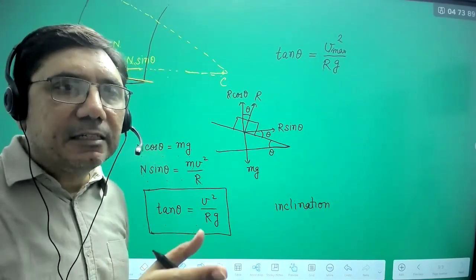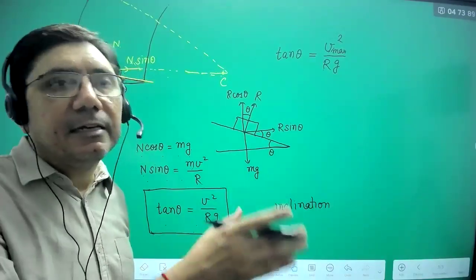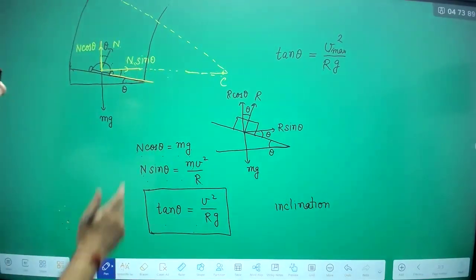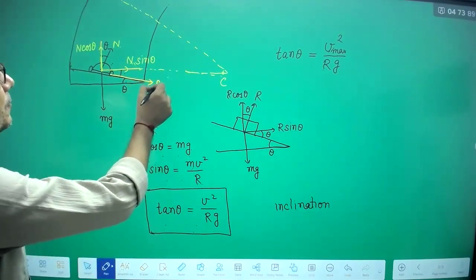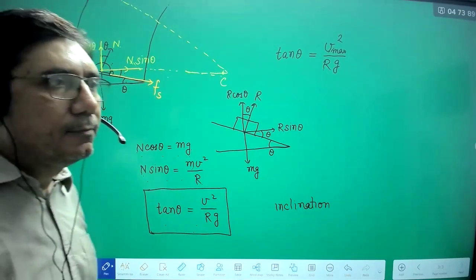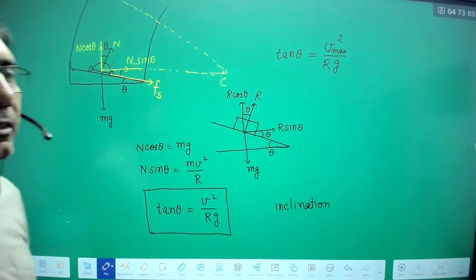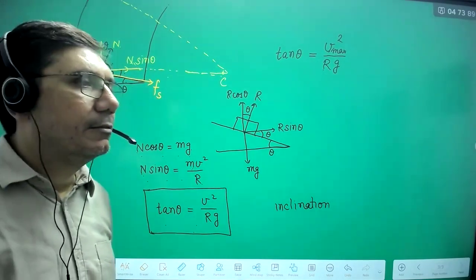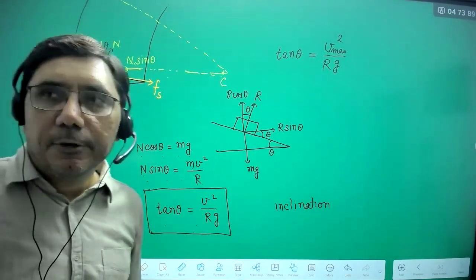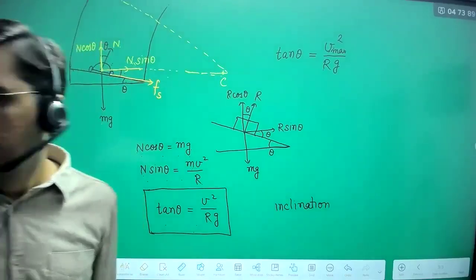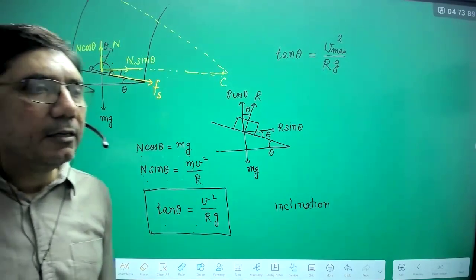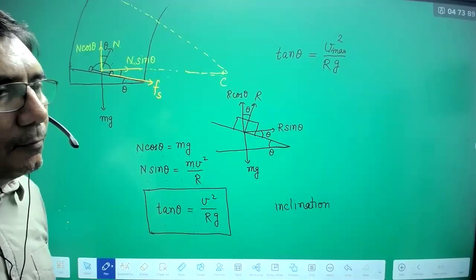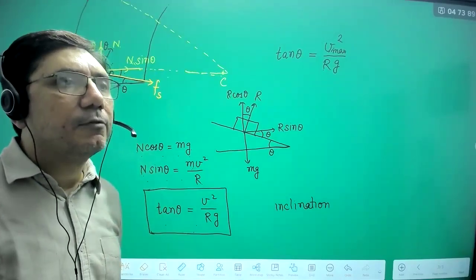Even if speed is greater than the upper limit, the car will not skid because static friction force between tires and road comes for the rescue.